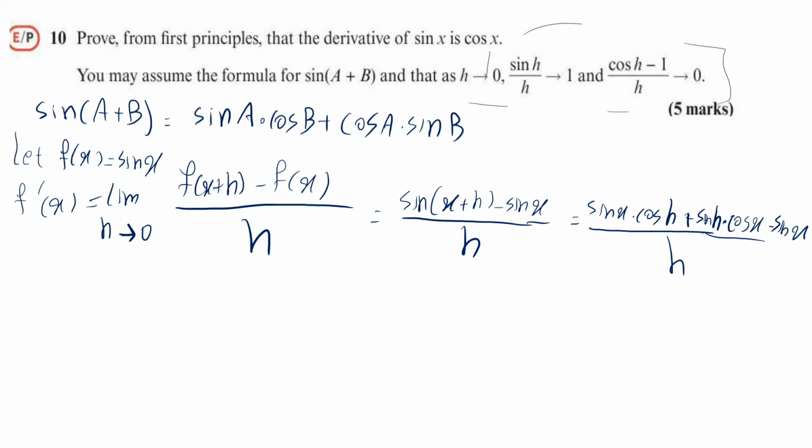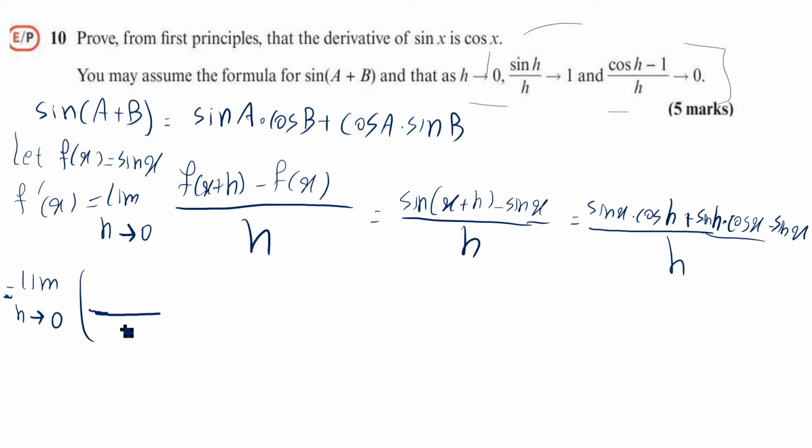So in our next step, we write the limit as h approaches 0, and then we can do factorizing. The first thing that we can do now is, if you see we have sine x here and also sine x, so we can factorize sine x.